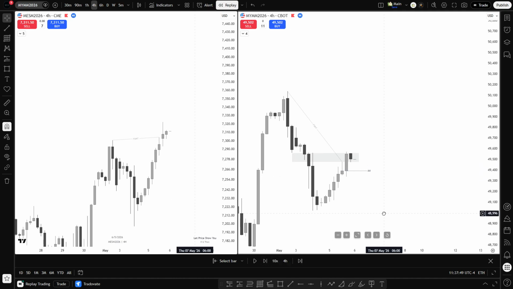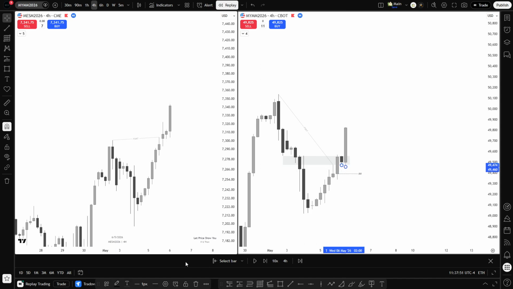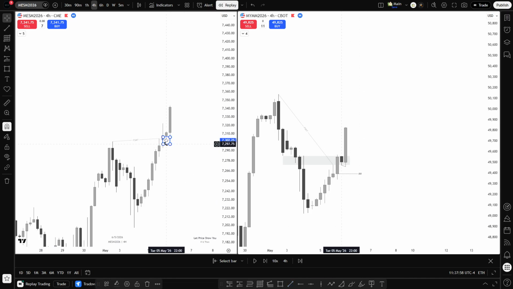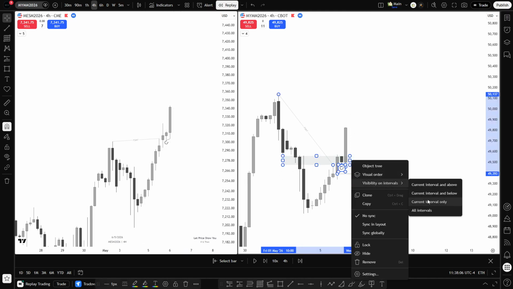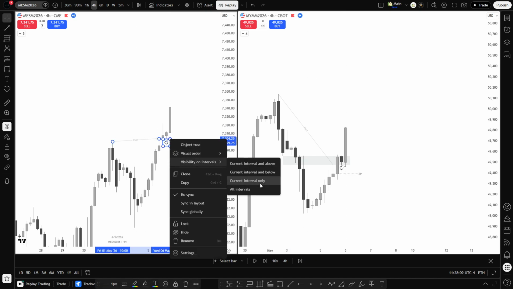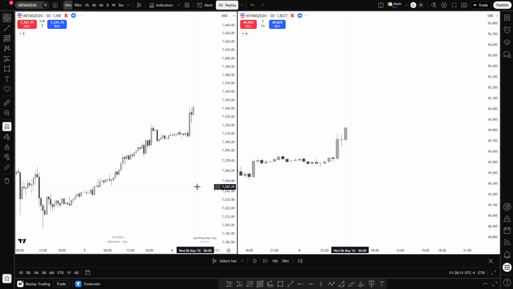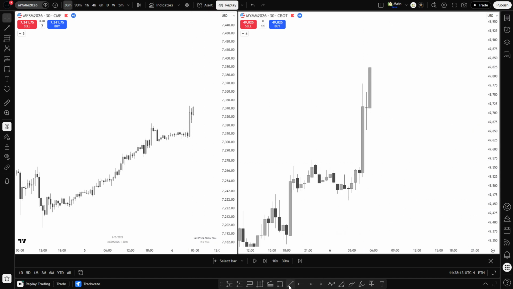London created that second stage PSP. Okay. And go down to the 30 minute. 2 AM opened up here.